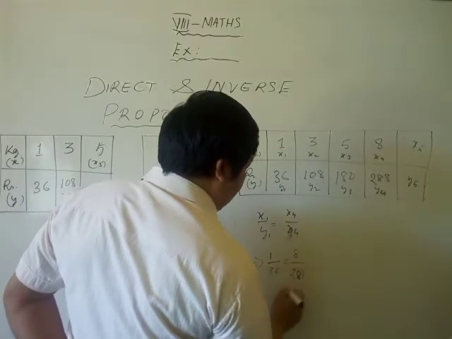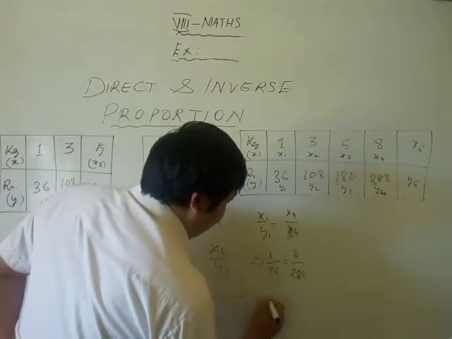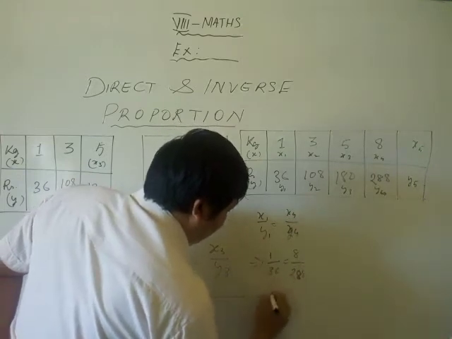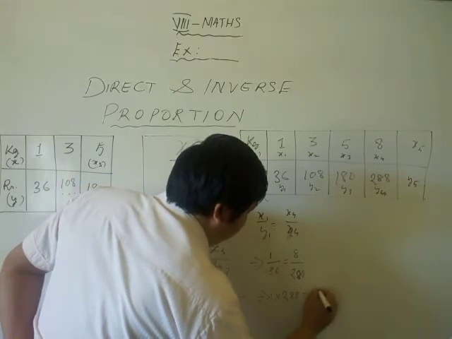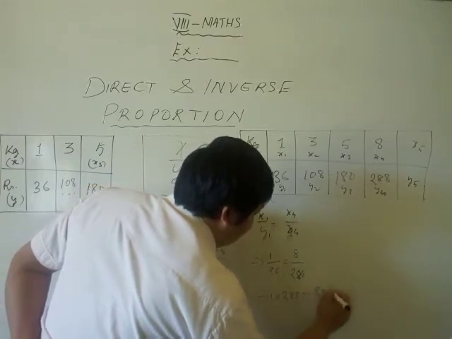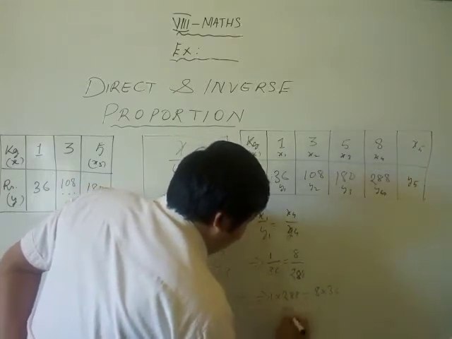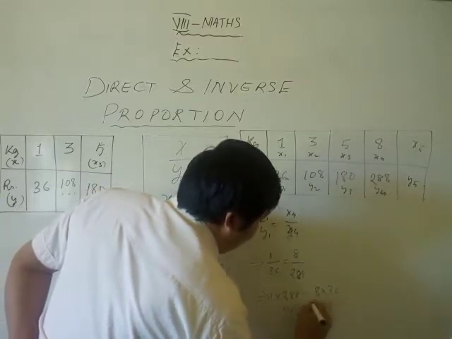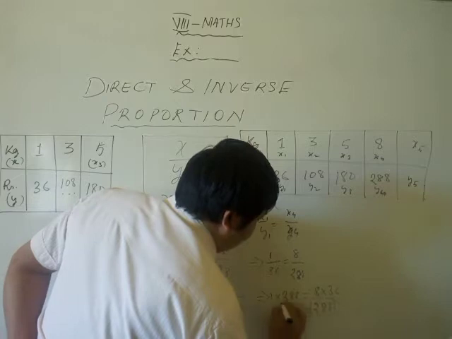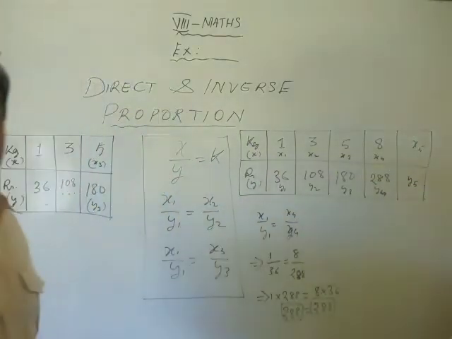Yes, 288. So by cross multiplication, 1 into 288 equal to 8 into 36. So 288 equal to again 288. Both are the same. That means the proportion is correct, isn't it?